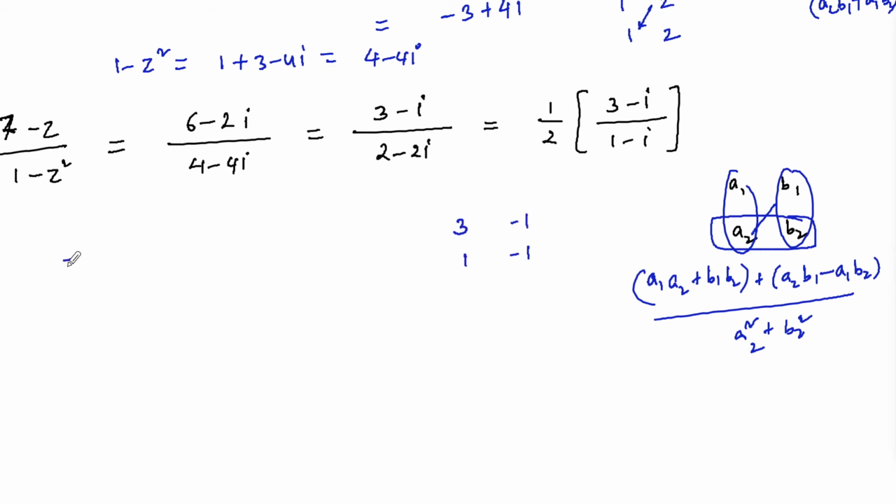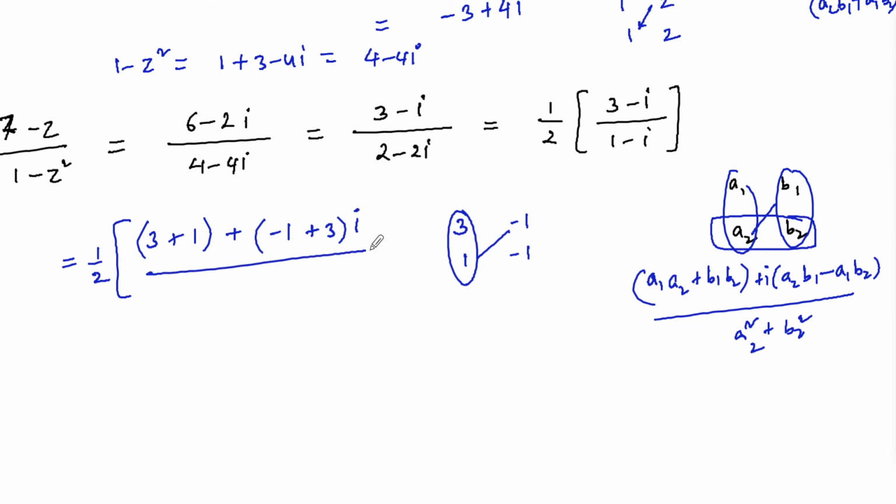So we can write the division as 1 upon 2 times of 3 1s are 3 plus minus 1 into minus 1 is 1, plus i times of 1 into minus 1 minus 3 into minus 1, that comes plus 3, so this is 2, divided by 1 square plus minus 1 whole square, that is 2 again.